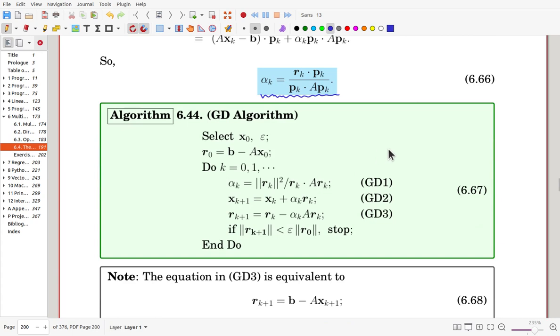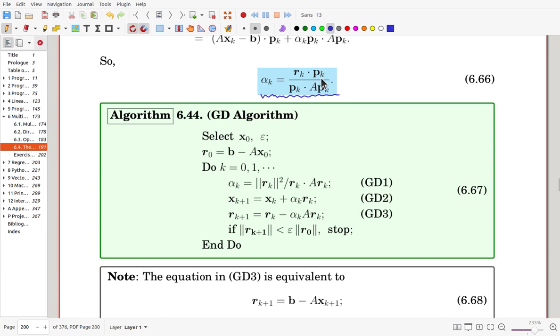Okay, here we have the gradient descent algorithm, with the initial value x0 and epsilon, the stopping tolerance. We first compute the residual for the given initialization. Now alpha k will be computed in this way.